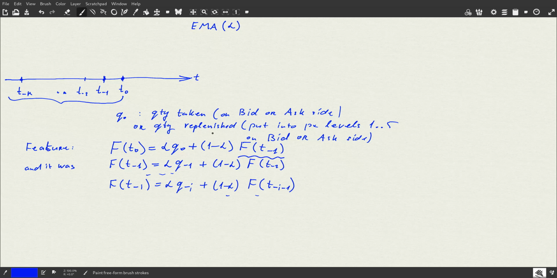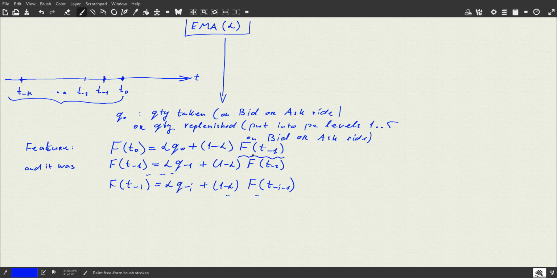So when you construct this exponential moving average, the value you construct depends on all previous features from the start time. There is no finite window at which this dependency stops. This should be clear from the recursion equations we wrote.